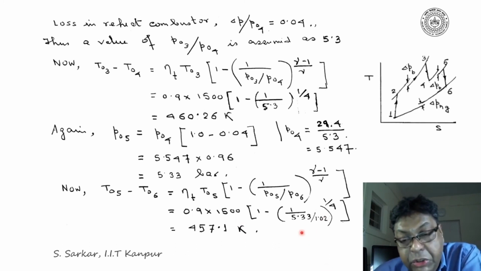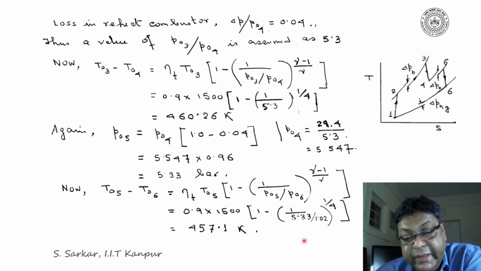The pressure ratio P05 by P06 is nothing but 5.33 divided by 1.02. So if I evaluate this, I'll get temperature drop in the LPT as 457.1. Please note that the temperature drop in HPT is almost equal to that of LPT.